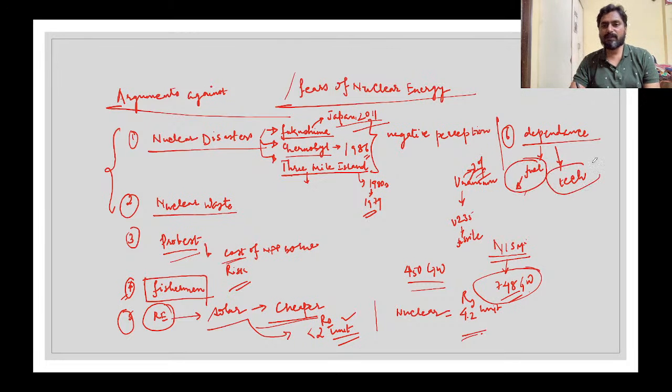And technology-wise also, India does not have technical expertise in nuclear energy. So it has to depend on foreign companies such as Westinghouse, Areva, which is a French company, Westinghouse is of USA, and Toshiba.